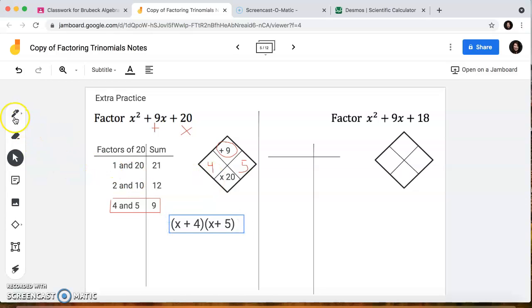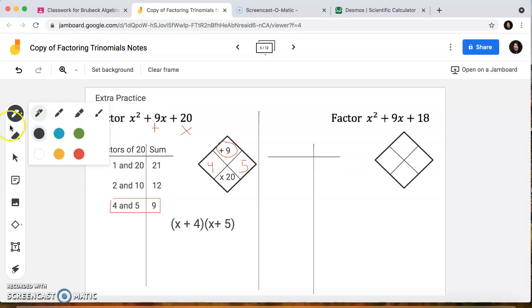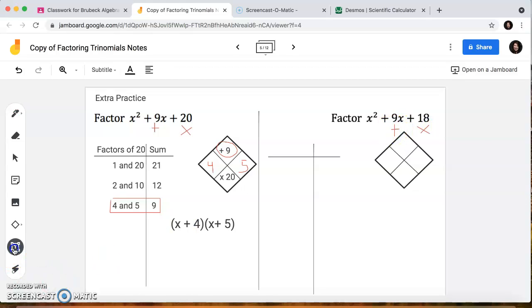All right. Same thing for the next one. We're looking for two numbers that multiply to get 18 and add to get 9.